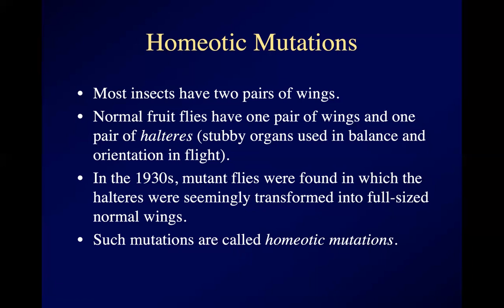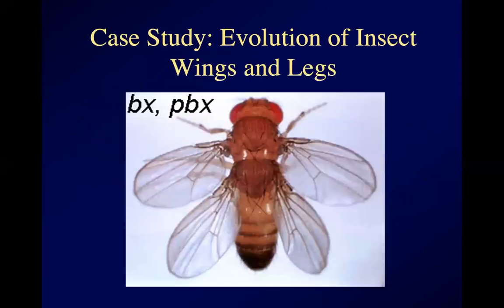But flies, true flies in the order Diptera, have one pair of wings and one pair of stubby little organs that look vaguely like bowling pins called halteres. Halteres are used for balance and orientation in flight. And in the 1930s, flies were found that look like this. This is not just a four-winged fly.